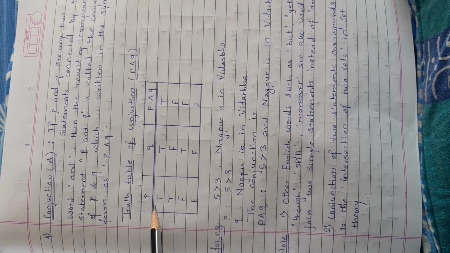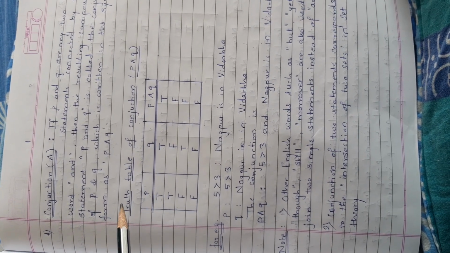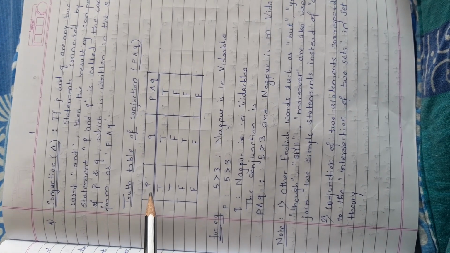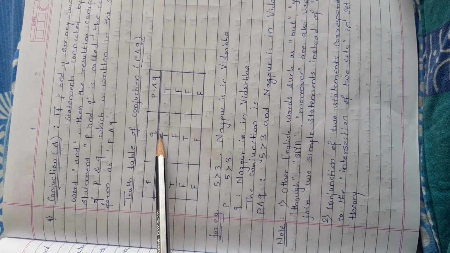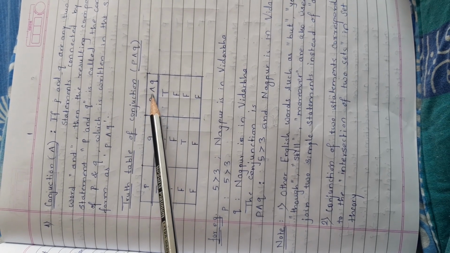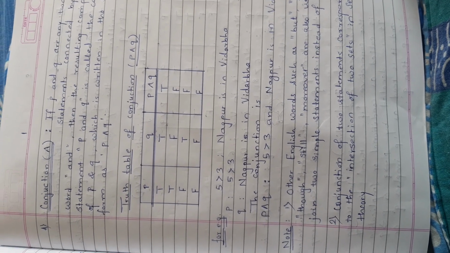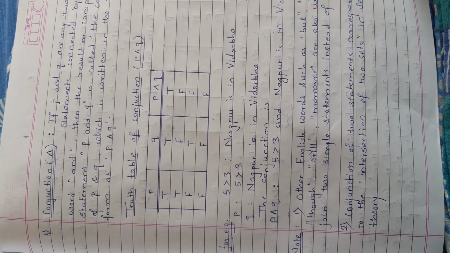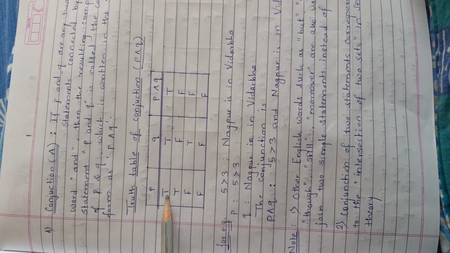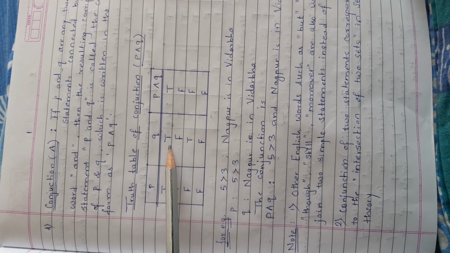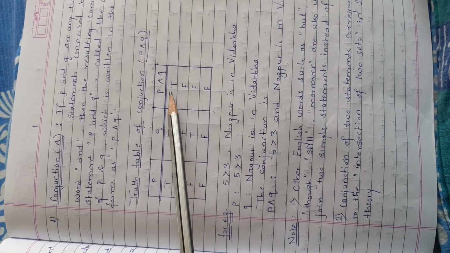Suppose P, Q and P ∧ Q, the last one. So let us see this truth table. P is one statement, Q is another statement, and P ∧ Q is the conjunction of these two statements. If statement P is true and statement Q is true, then its conjunction, that is P ∧ Q, will be true.